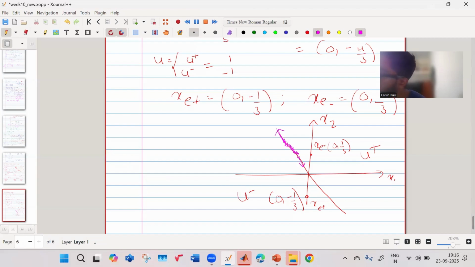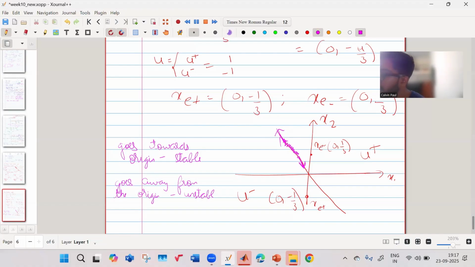If it goes towards the origin, it means it is stable. But if it goes away from the origin, it means it is unstable. So now we want to find the stability property once it is on this surface, whether it will be going toward the origin or away from the origin.